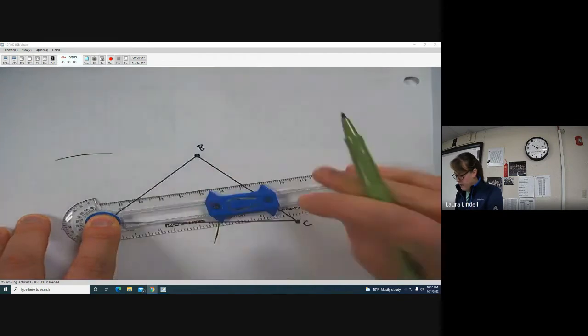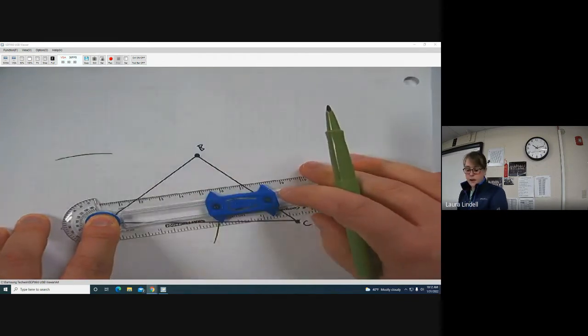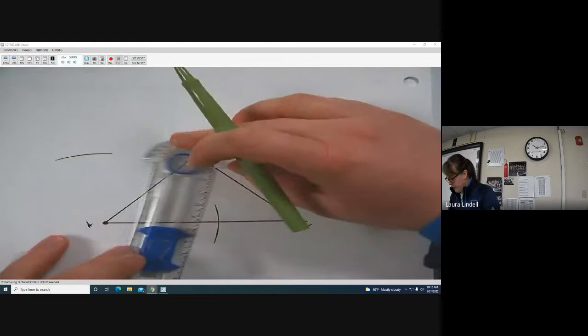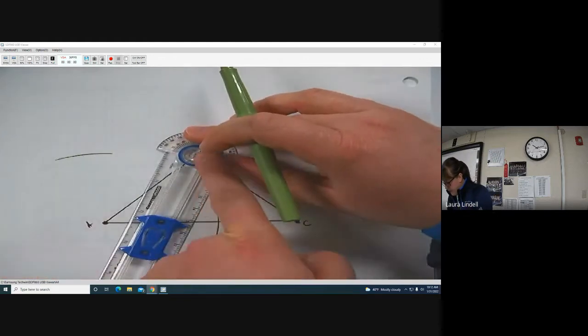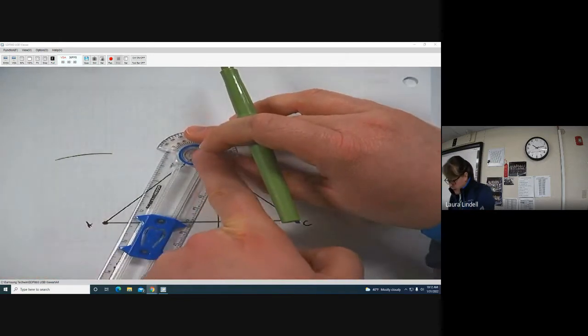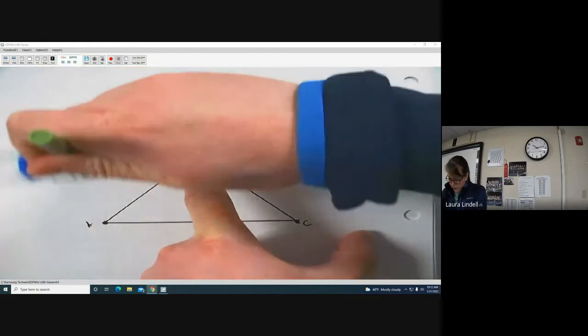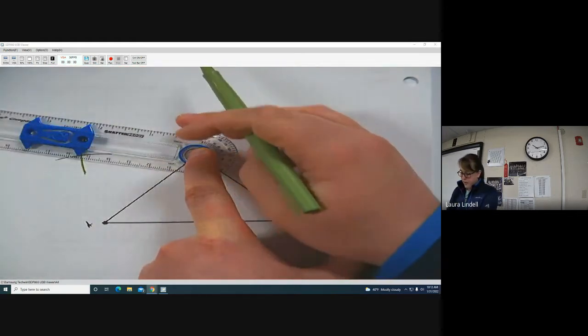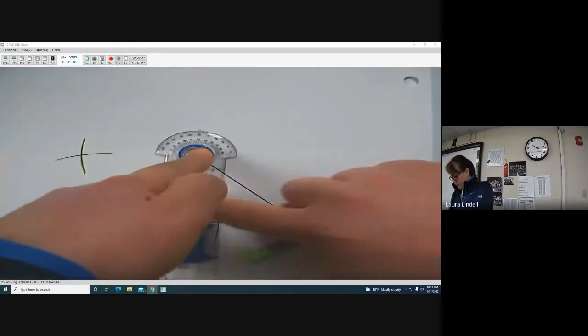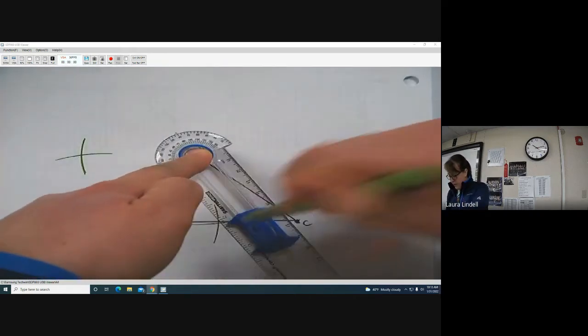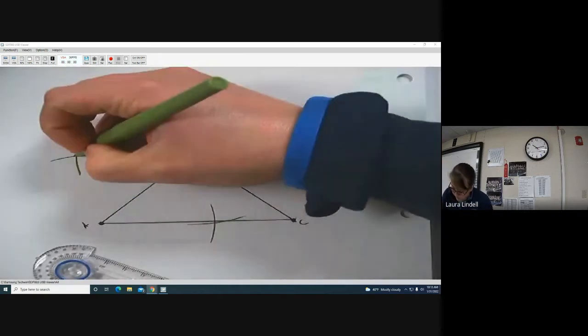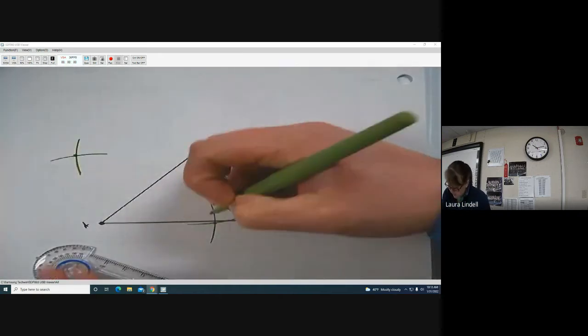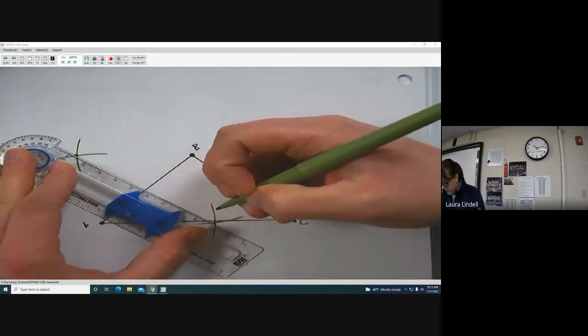Then I turn it around and put the center on B, and do the same thing with the same size opening, making arcs that intersect the arcs from A. Then where they intersect, we connect the dots.